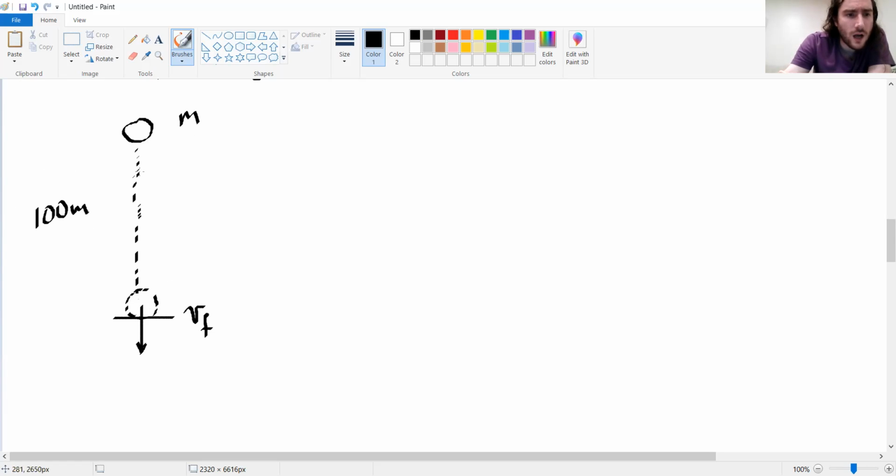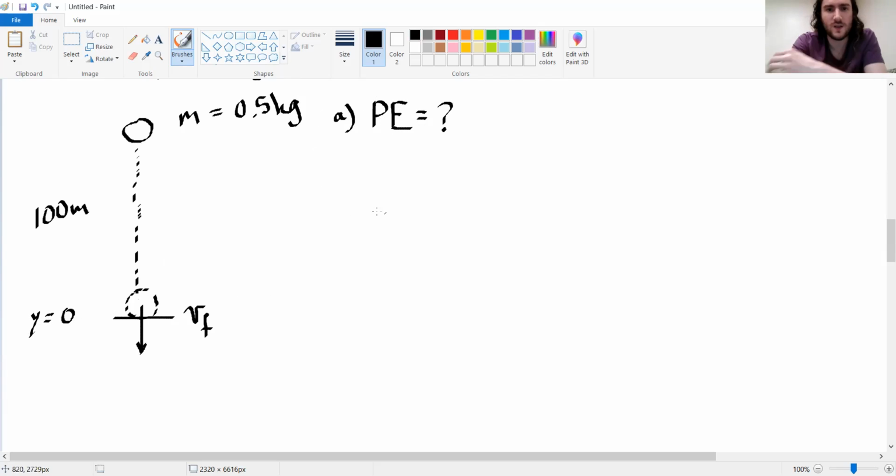So this ball falls 100 meters. Let's take its mass to be a reasonable mass here, 0.5 kilograms, maybe like a basketball or something. And we want to know, first off, what is its potential energy? So part A. If we take the floor or the ground to be y equals 0, what is its potential energy?